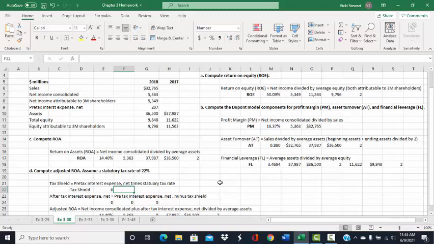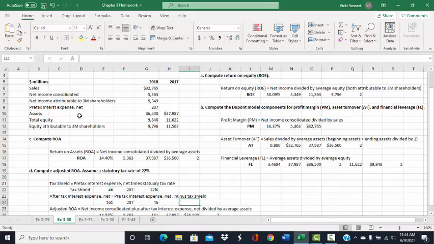So our tax shield is equal to our pre-tax interest expense times that 22% statutory tax rate. What does that mean? Our tax shield is the amount of tax that we are saving because that interest is deductible on our tax return.